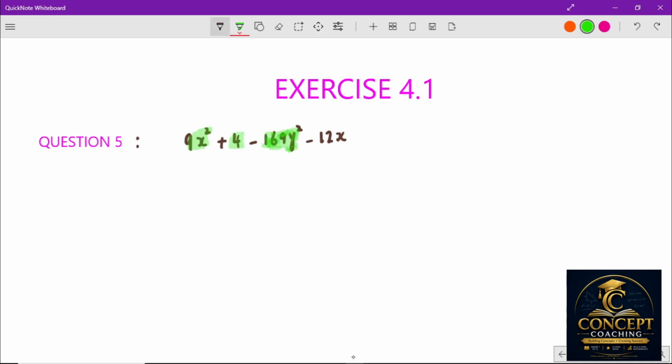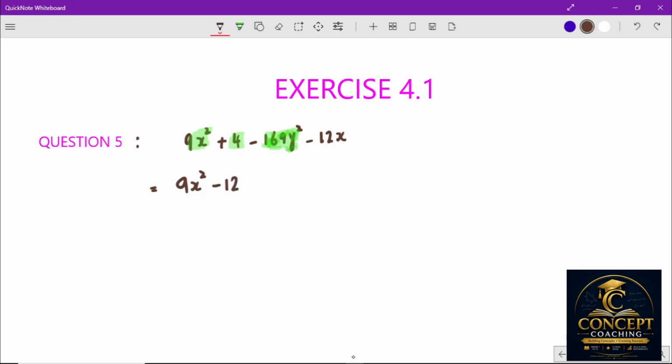So we have three square values. First of all, we will rearrange this question so that it is in the form of a plus b whole square or a minus b whole square. So this is 9x square, and we have this minus 12x.